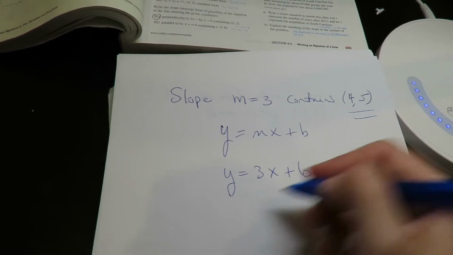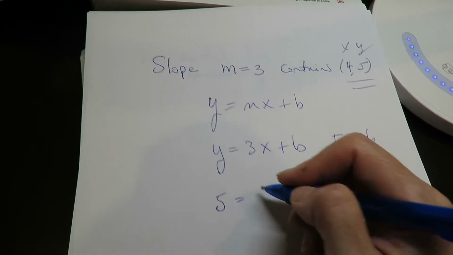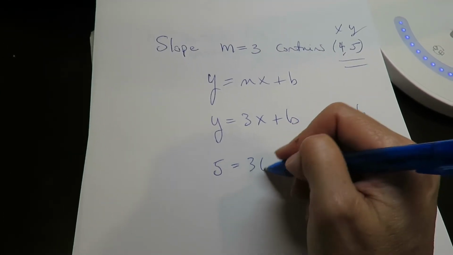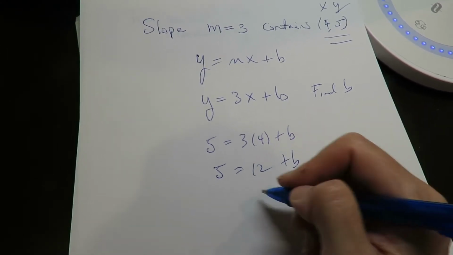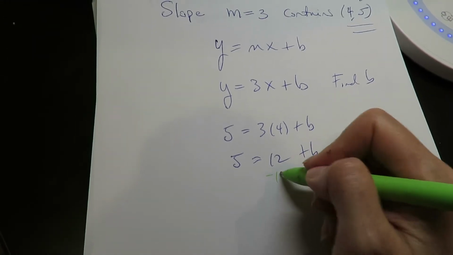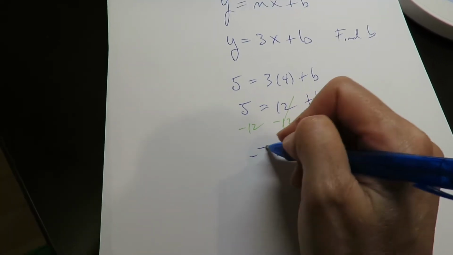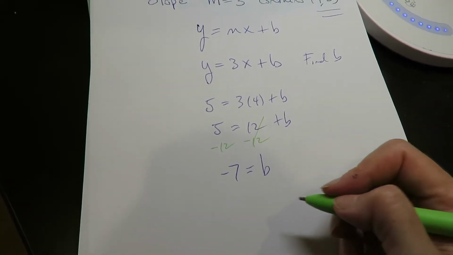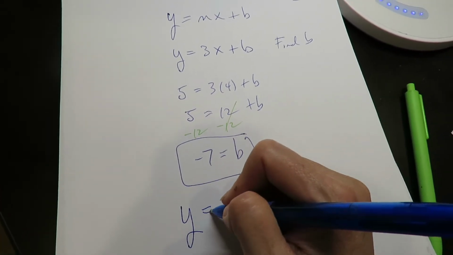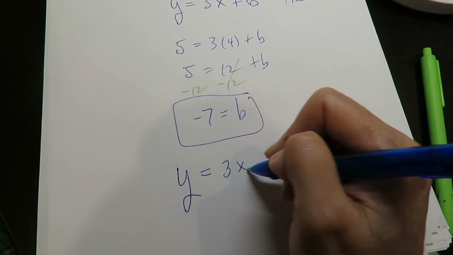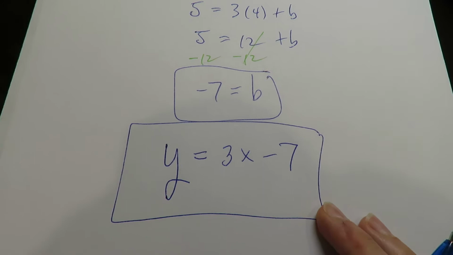So we'll use this. And again, you want to write your final answer at the end, okay? We're looking for the equation of a line, so make sure at the very end you do that.